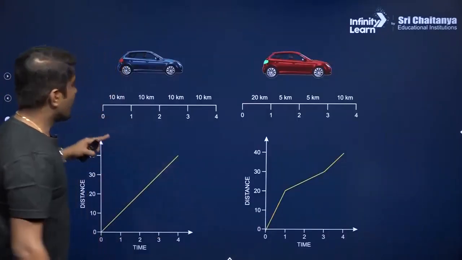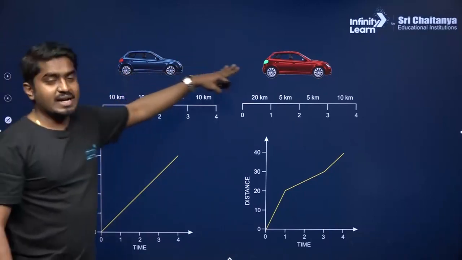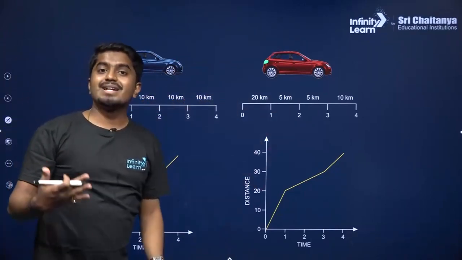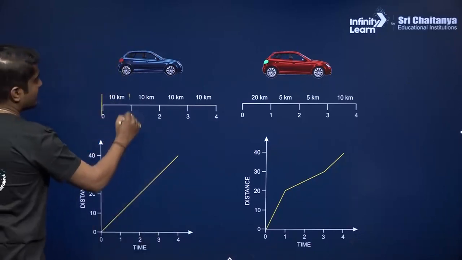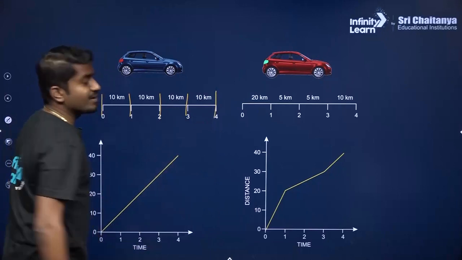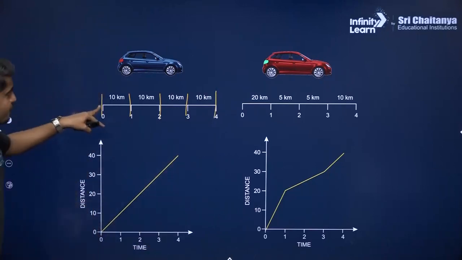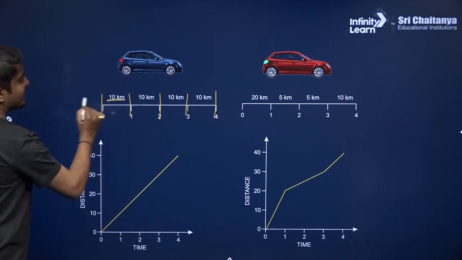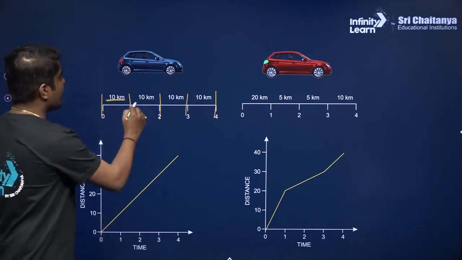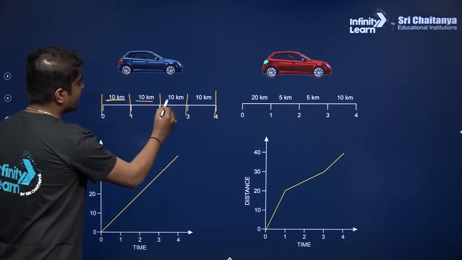Now, you see here, these are different cars. They move at different speeds. These are the equal intervals of time. In the first interval, or first 1 hour, the car has traveled 10 kilometers. Second interval, again 10 kilometers. Third interval, same.